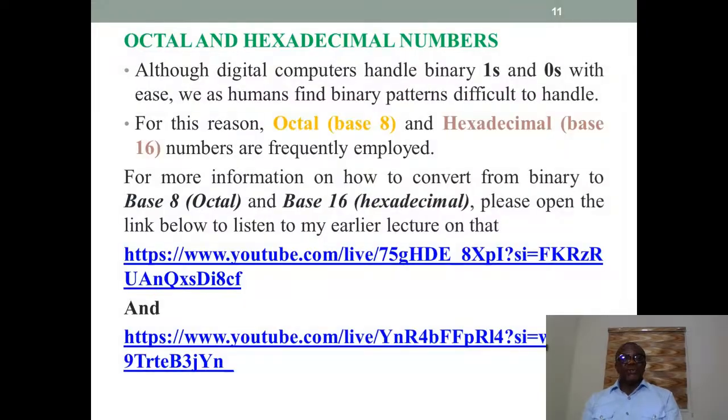So we say, digital computers handle binary ones and zeros with ease. We as humans find binary patterns difficult to handle. For this reason, octal base 8 and hexadecimal base 16 numbers are frequently employed.